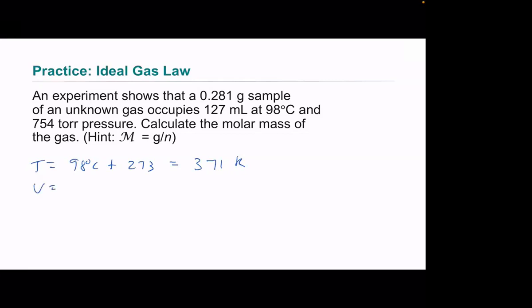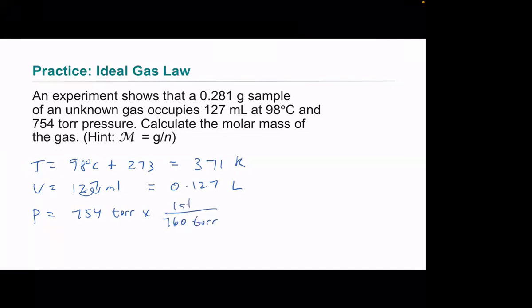So the volume is 127 milliliters, and just move it 3 places. 0.127 liters. Divide by 1,000, right? What else? Torr to atmosphere. So my pressure is equal to 754 torr times 1 atmosphere per 760 torr. Someone do that for me.